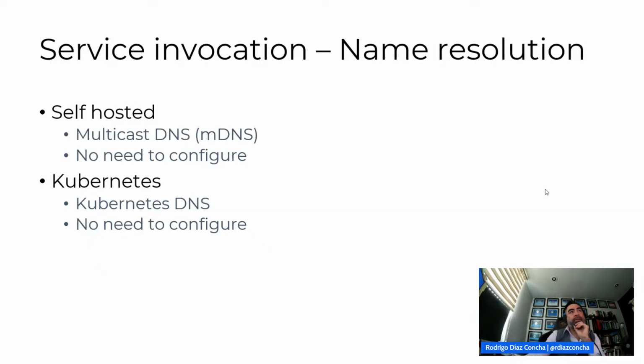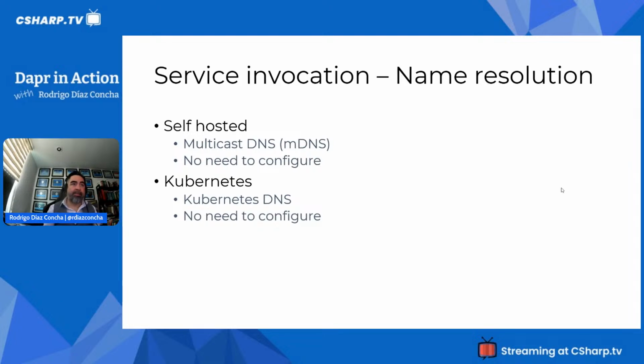The thing about that building block is that it allows you to do precisely this, and it allows you to use different name resolution technologies. In this particular case, I'm using mDNS, since I'm running in Windows and I don't need to configure anything else.